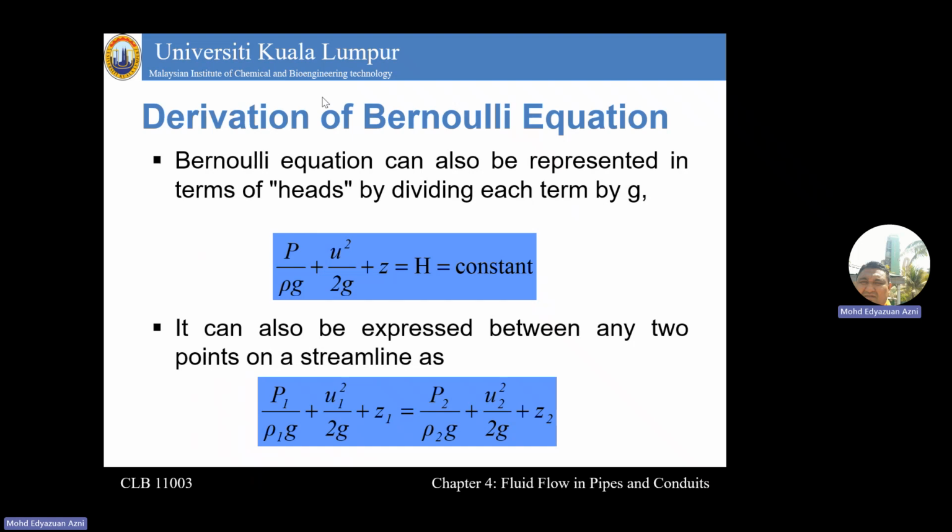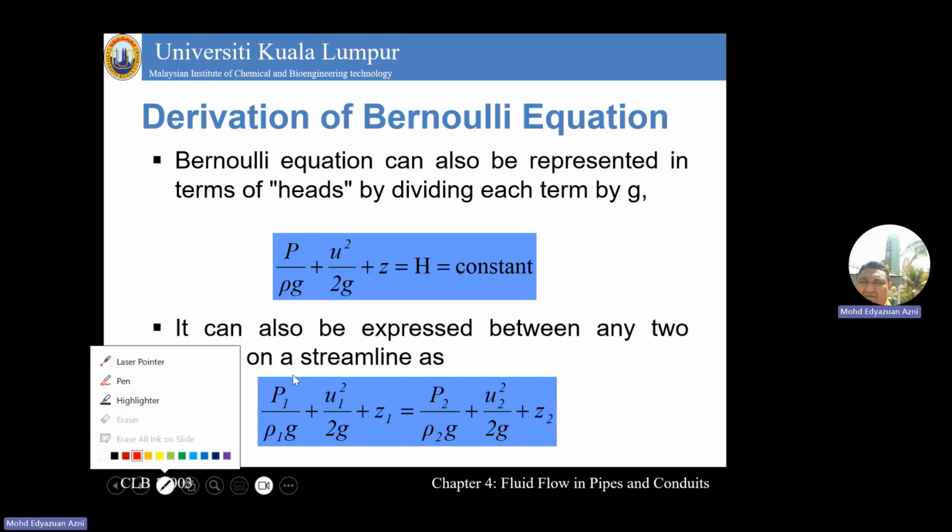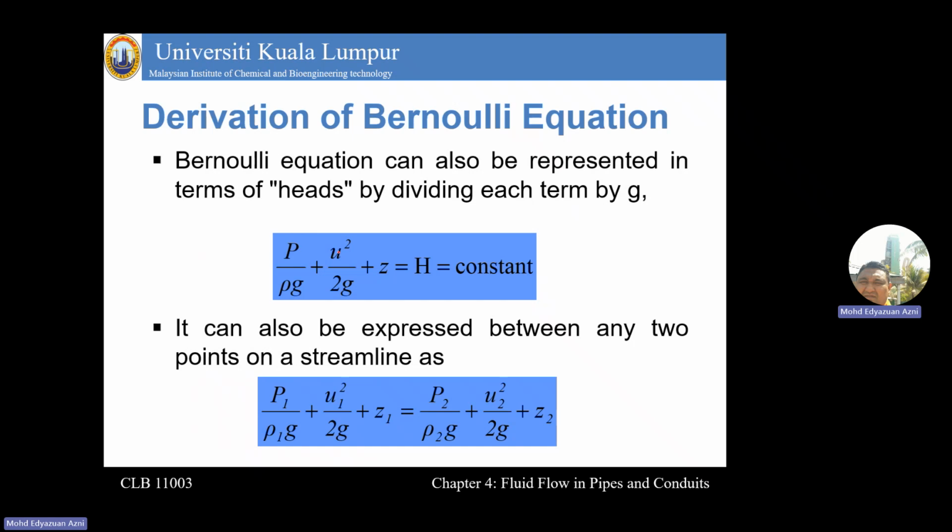So the head concept means that we represent our pressure in terms of H, or head. If you look at our Bernoulli equation after we divide the original equation by g, or gravity, we get this new equation.